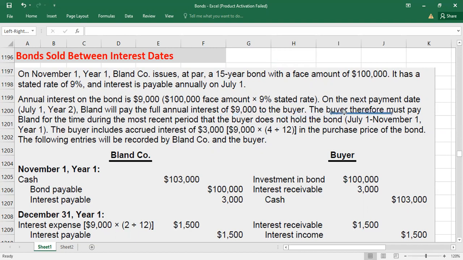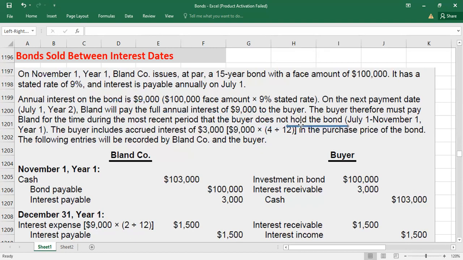That is why the buyer must pay Bland for the time during the most recent period that the buyer does not hold the bond. It means the buyer does not hold the bonds from July 1 of year 1 to November 1 of year 1, because this is the date of issuance. So these are the 4 months: if you count from July, we have August, September, and October.